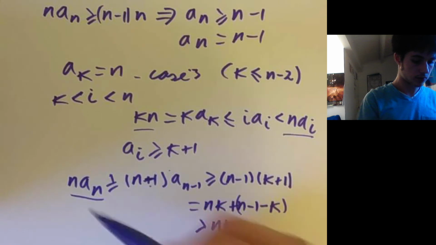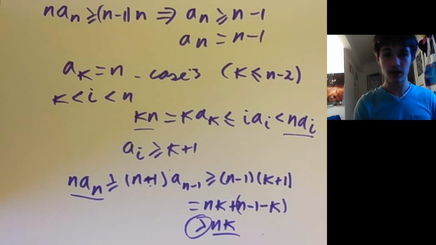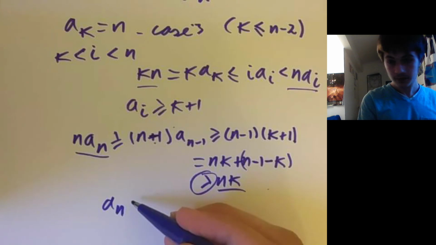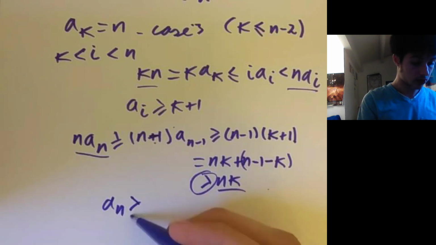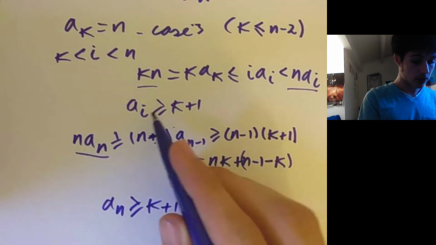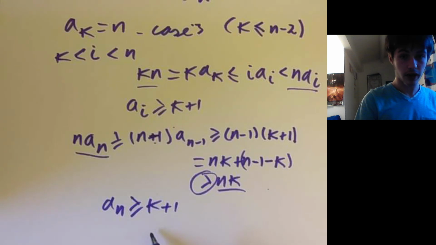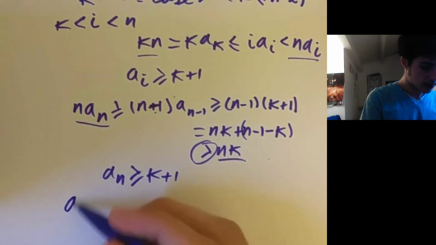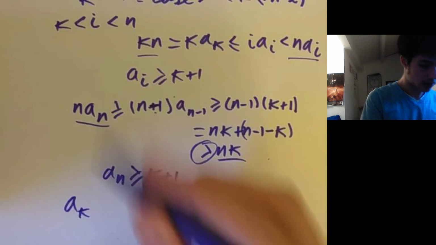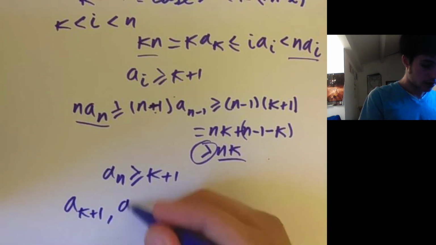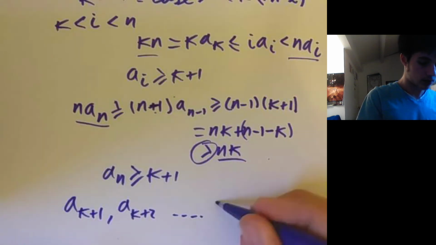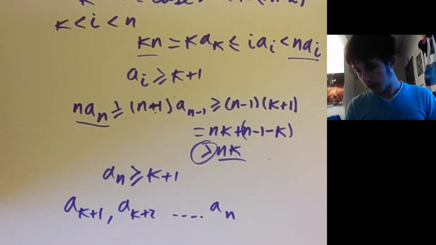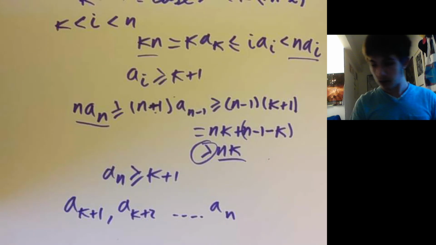So from this part and this part together, we can also conclude that an is going to be bigger than or equal to k plus 1. So we now know that for all these i's and for an, those are all bigger than or equal to k plus 1. So we now have a list starting at ak plus 1, ak plus 2, etc., all up to an. We know all of these elements are bigger than or equal to k plus 1. But how many elements are there?